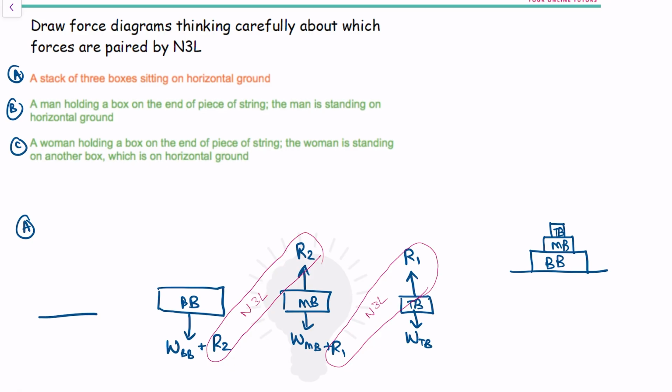The bottom box also feels the ground pushing up, which is a different reaction force, reaction 3. And the ground feels the bottom box pushing down, so it's reaction 3 here as well. Again, these come in pairs, so Newton's third law here.